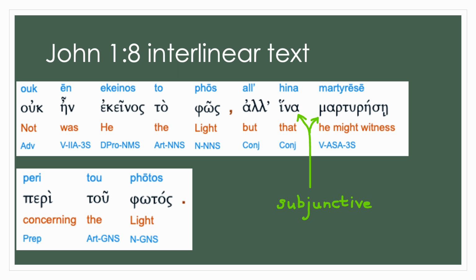And then you've got on the right hand side a word translated as he might bear witness, martyrēsē. Well, that is a subjunctive verb. So he came in order that he might do something. So again, there's that subjunctive example there for you.